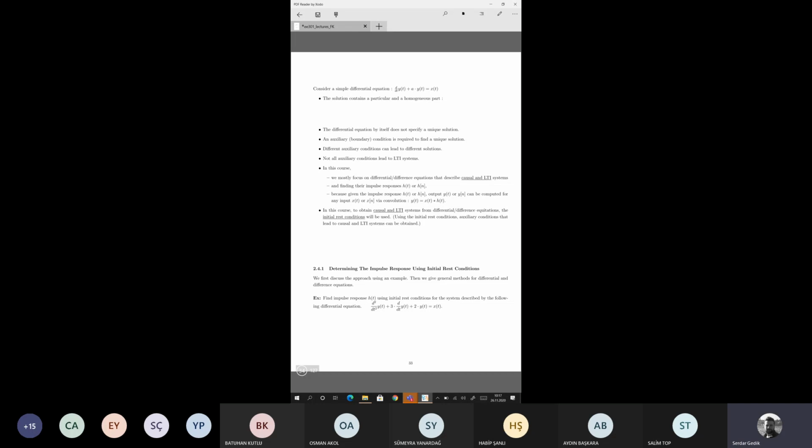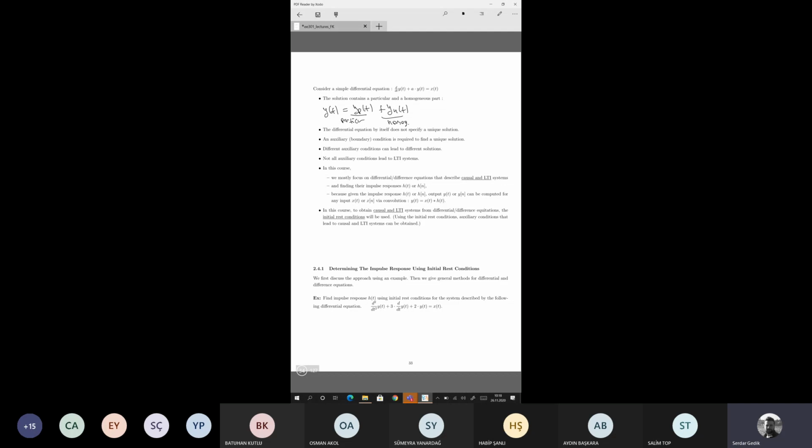Well, I know that the solution has a homogeneous part and a particular part. So if I want to solve this, y of t is simply y p of t plus y h of t. I know that this is the homogeneous part, and I know that this is the particular part. Okay, so I have both particular solutions and the homogeneous solutions.